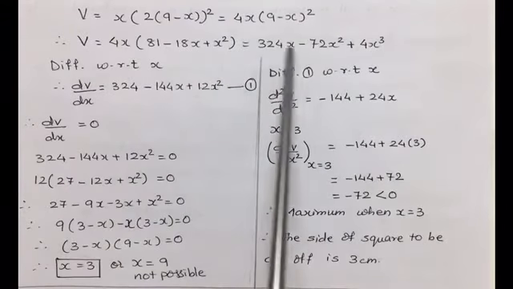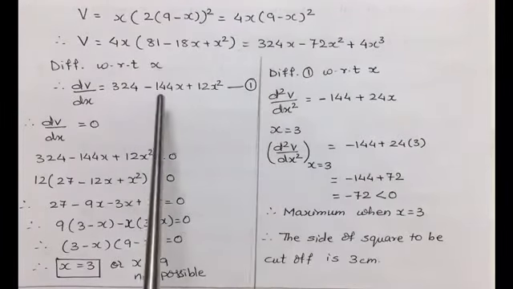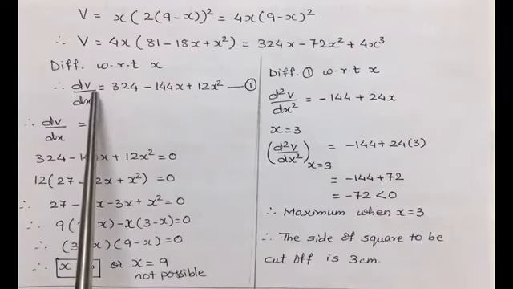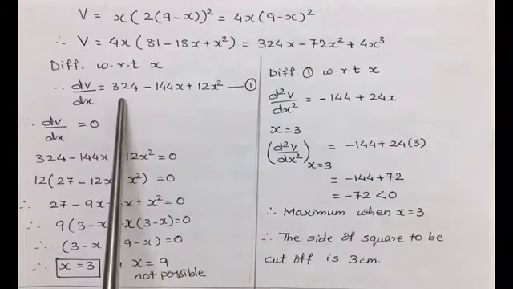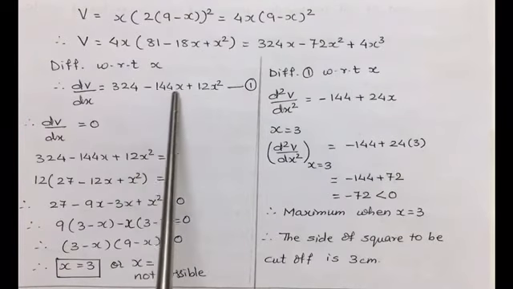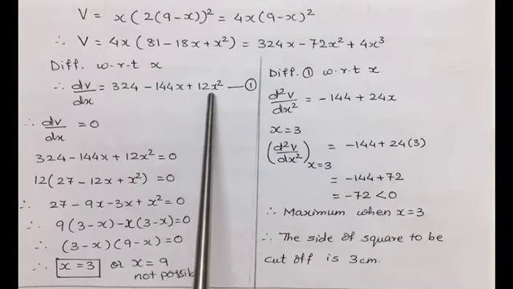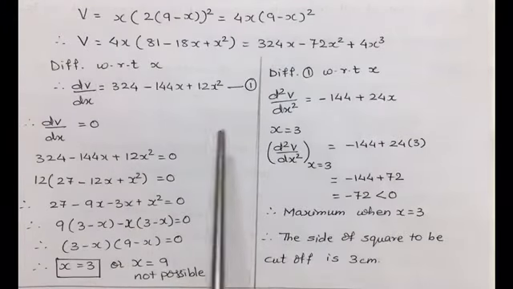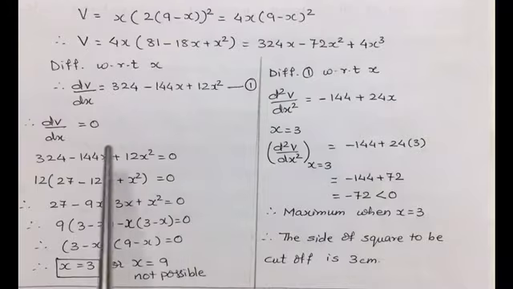Now differentiating the volume function with respect to x, we get dV by dx is equal to 324 minus 144x plus 12x square. We'll mark it as 1.